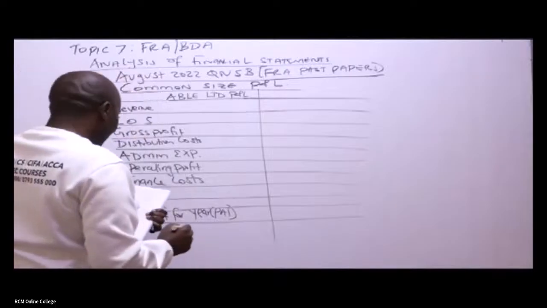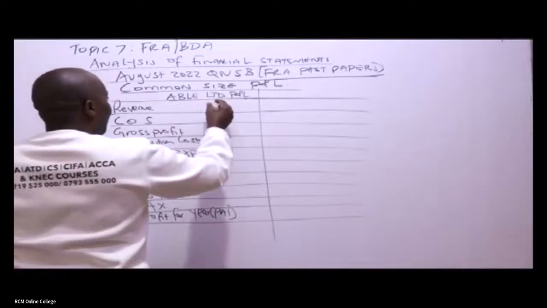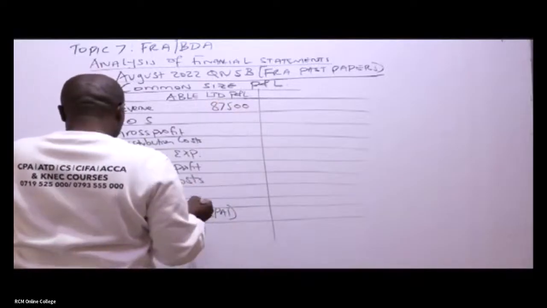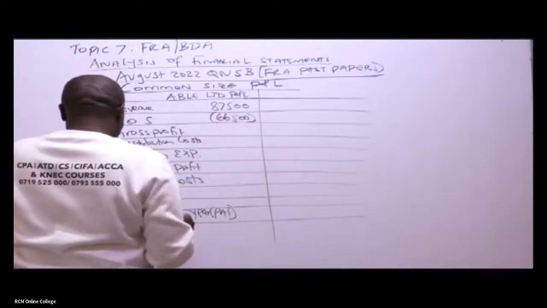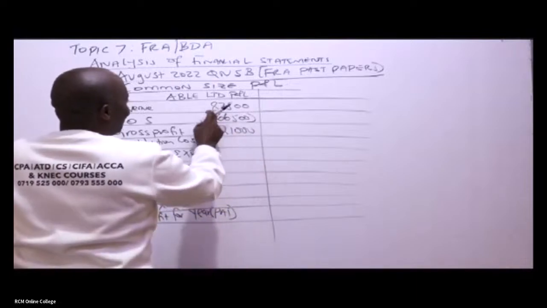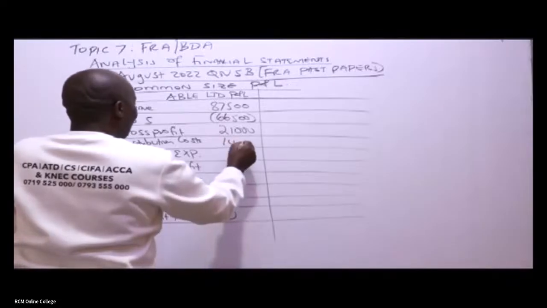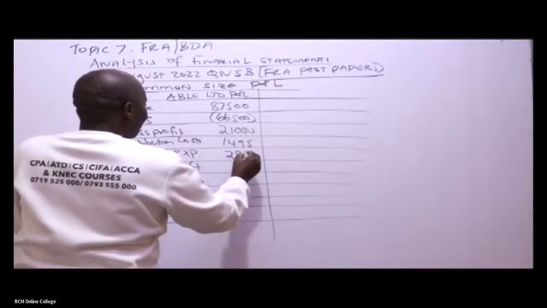So then we have our revenue for Able in shillings thousands. I can see 87,500. I can see 66,500. BDA students are not copying anything, you already have the question paper. 21,000, this minus this gives me 21,000. Then I can see 1495, 2880.